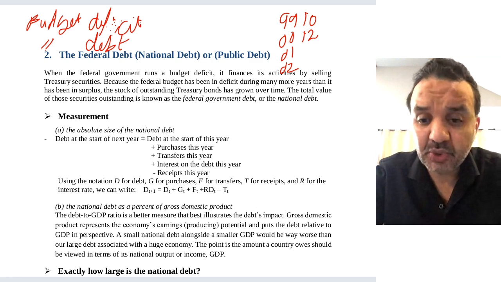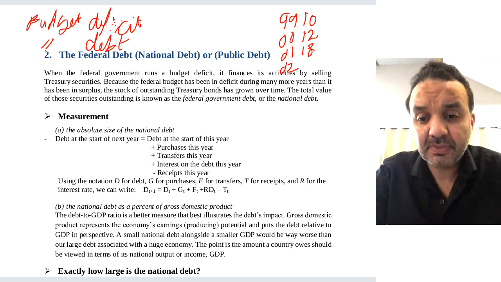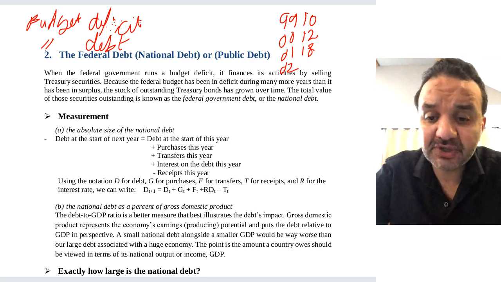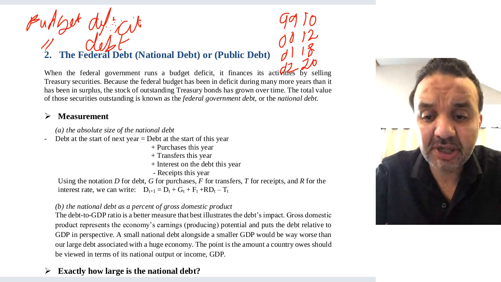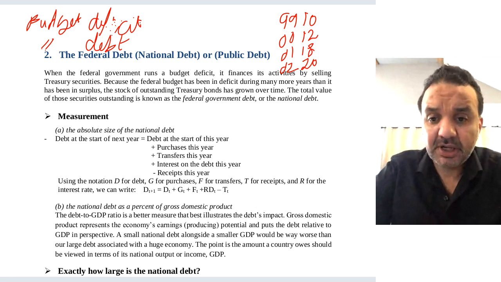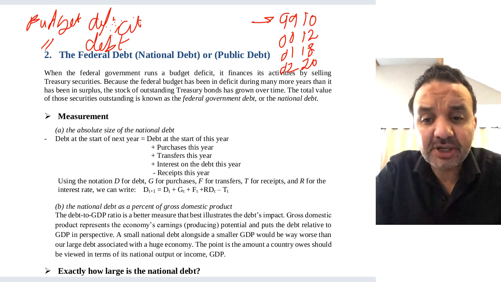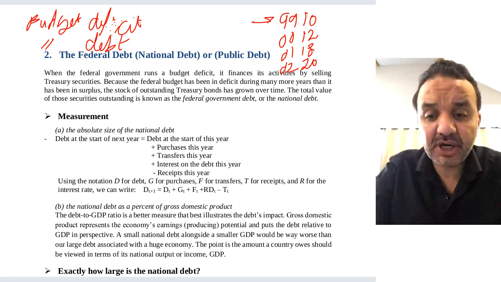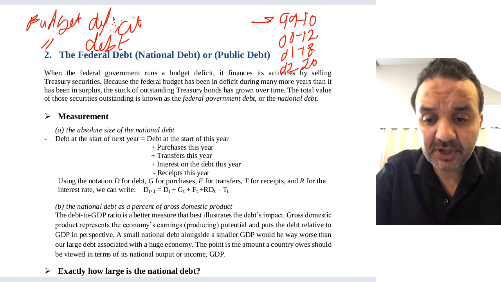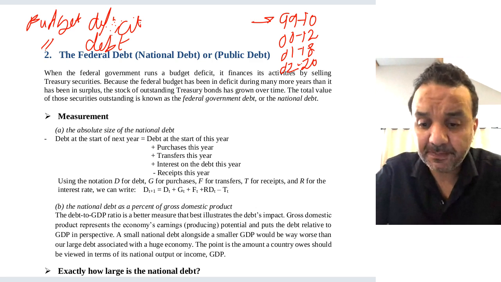And in 2001, the deficit equals 18 million. And then in 2002, the deficit is 18 million. Okay, let's assume that 1999 was the first year when we have a federal deficit. Okay, so all these numbers are in negative.